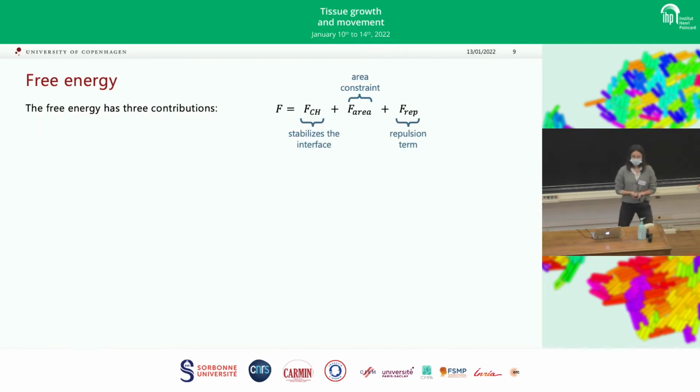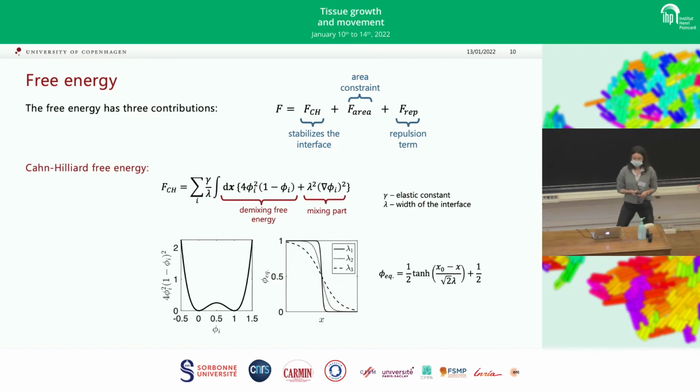So our free energy has three contributions. The first one is the Cahn-Hilliard free energy, which has two terms. The second one is the mixing part, and the first one is the demixing free energy. Essentially, it's a double well potential with two minima. For each of the phases, you have phi equals 1, which is interior, and phi equals 0, exterior, and the boundary between the two occurs exactly in the middle at phi equals 0.5.